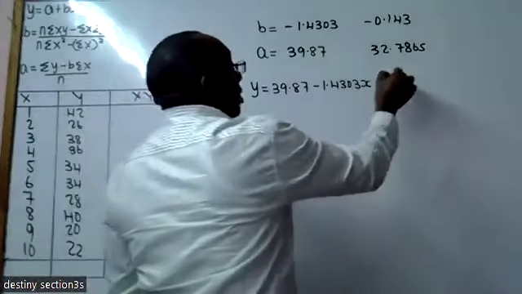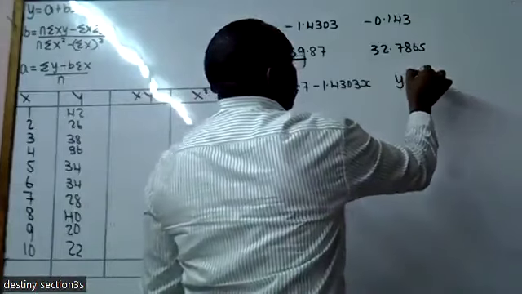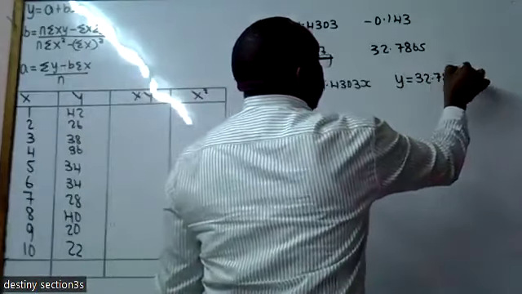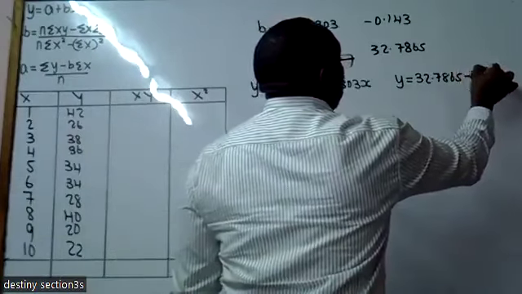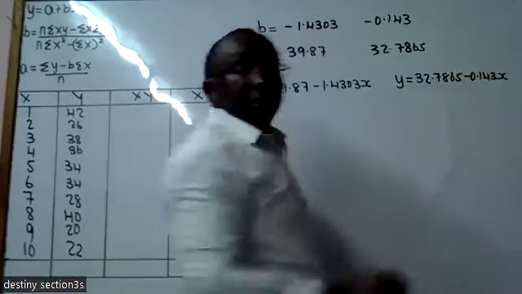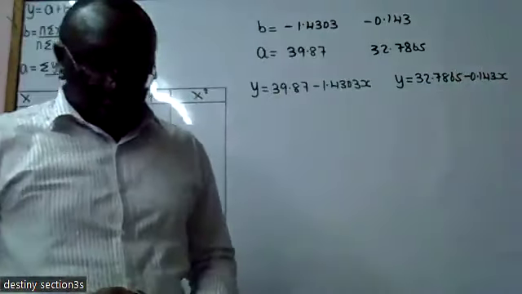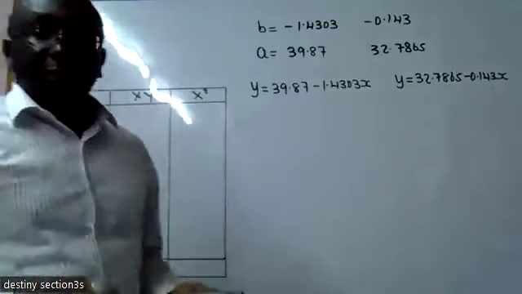For Sam, your equation will be y equals 2.7865 minus 0.143x. So use your own equation the way it is. Then we proceed.